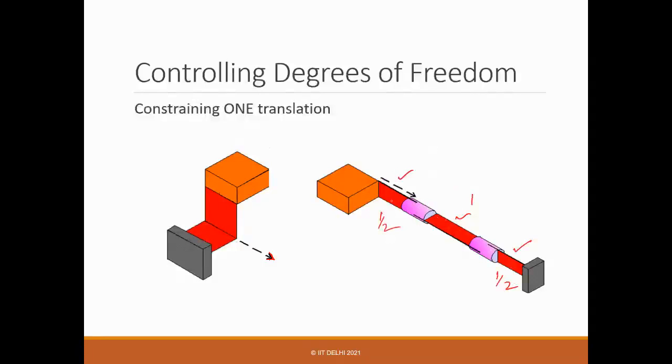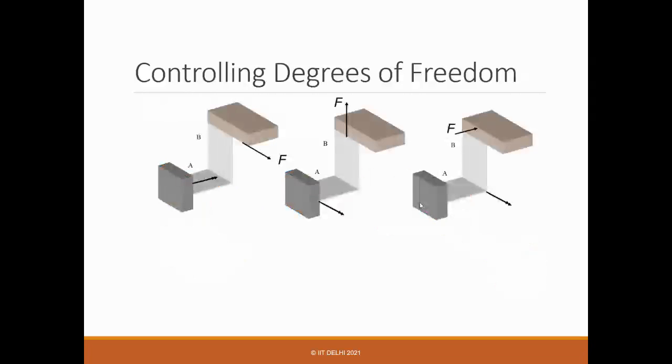So along this length, it will constrain the translation. So please think about it. It's a very nice example. How to understand whether a folded sheet flexure or folded leaf spring will constrain one translation along the bending direction.